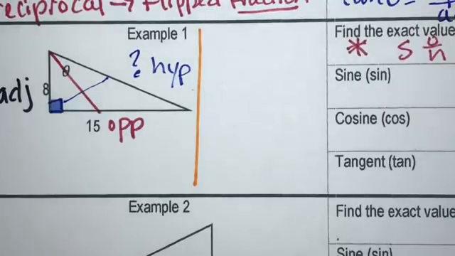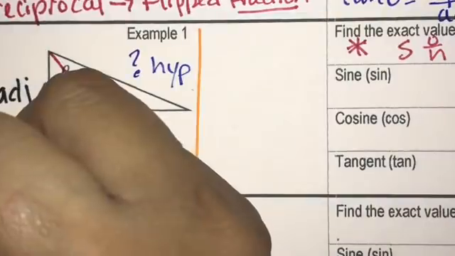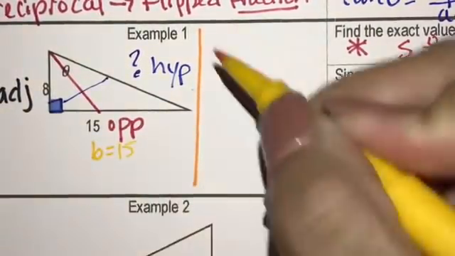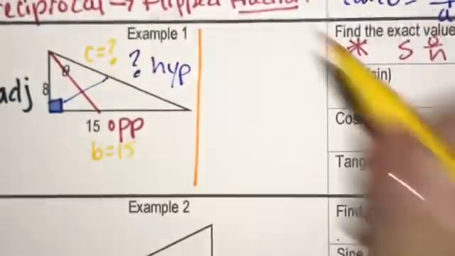We can also say that A equals 8, B equals 15, and C equals we're not sure.